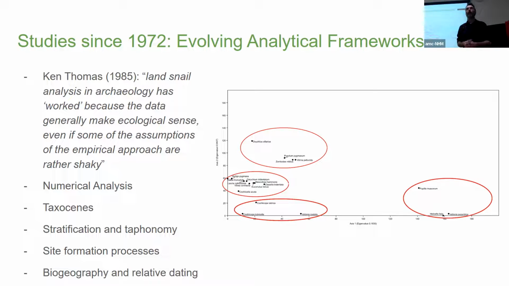Another feature of the work since the 1970s is that the analytical frameworks have been changing. In 1985, Ken Thomas published a very important paper that reviewed the theoretical basis for land snail analyses in archaeology. He looked at a number of things, from the way that data are presented, in particular a reliance on percentage data when looking at vertical sequences of samples.